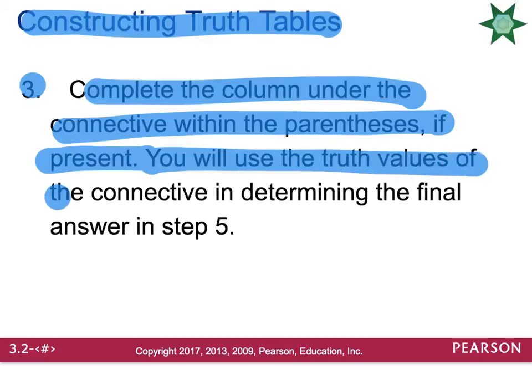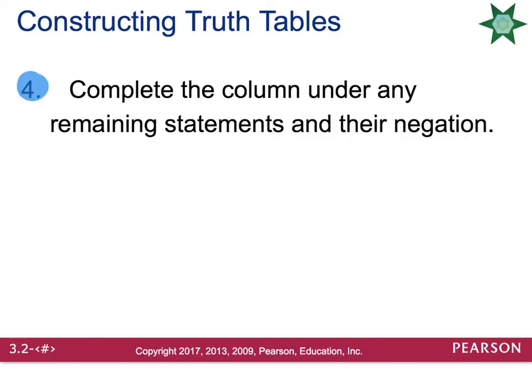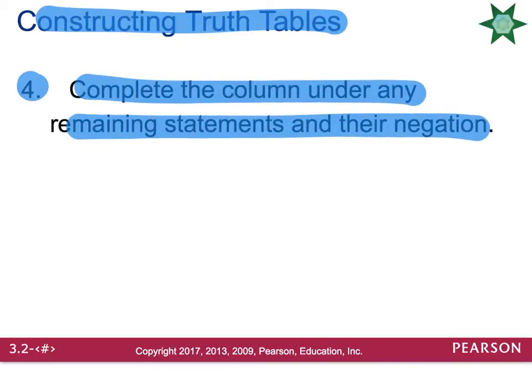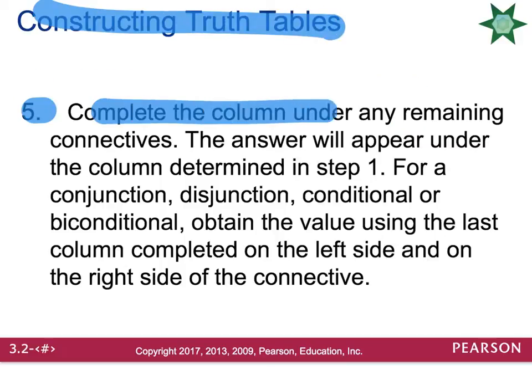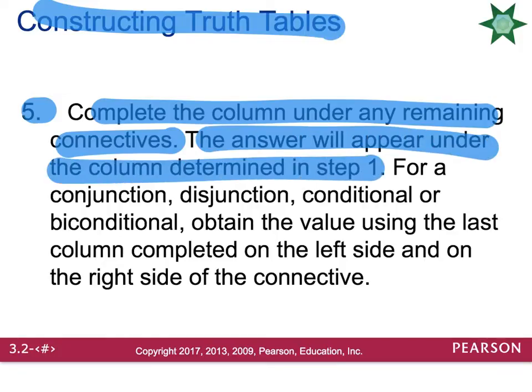We use the truth values of the connective in determining the final answer in step 5. Step 4 is to complete the column under any remaining statements in their negation. And step 5 is to complete the column under any remaining connectives. The answer will appear under the column determined in step 1.